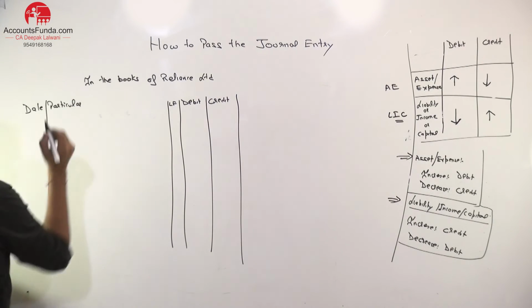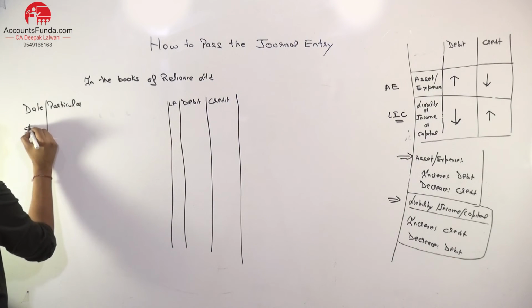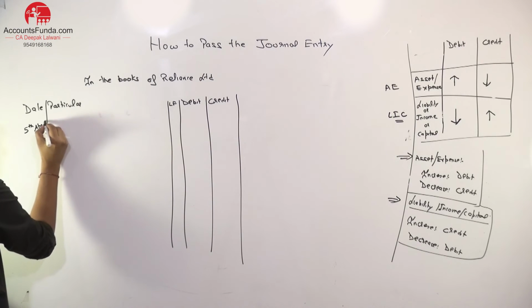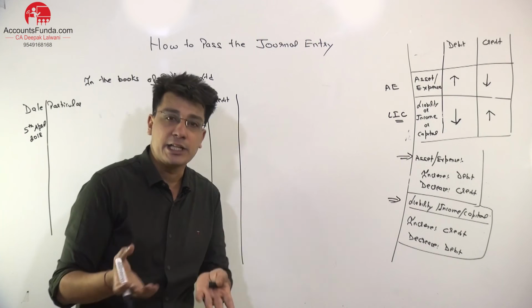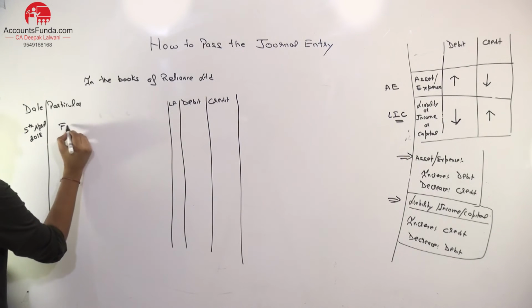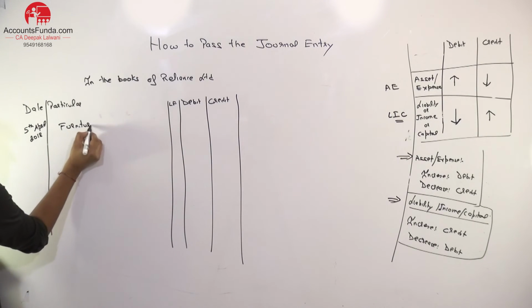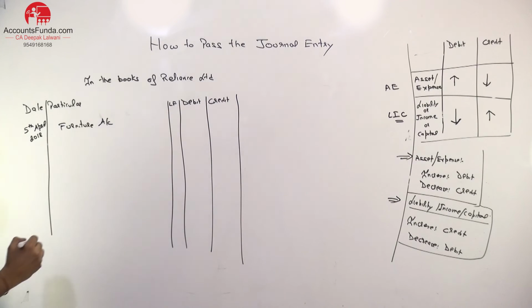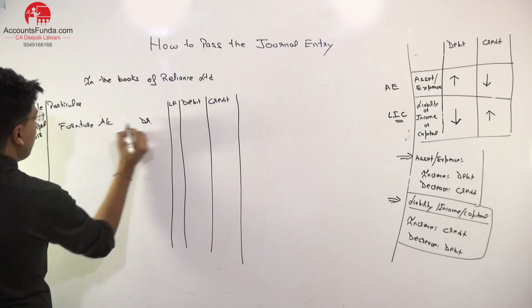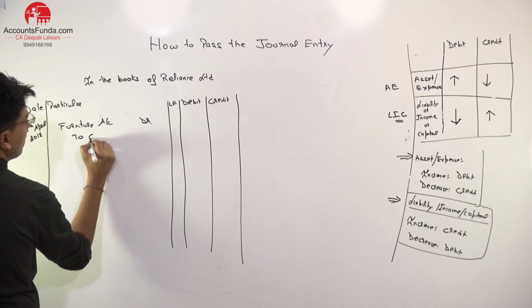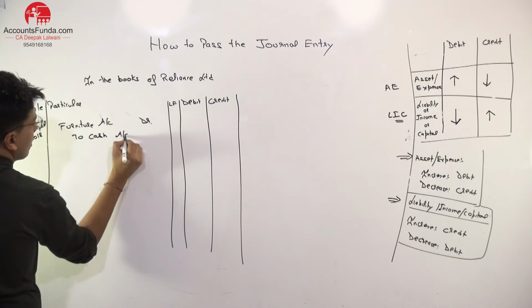Let's suppose we are doing an entry on 5th April 2018, and the company has purchased furniture. Don't worry, I will teach you how to do the entry. Furniture account debit to cash account.